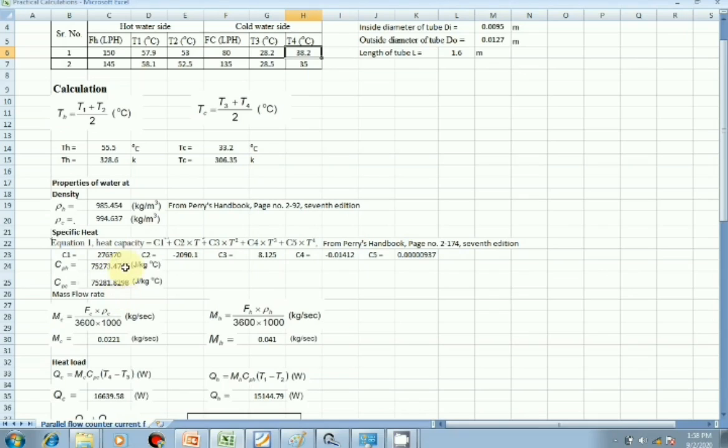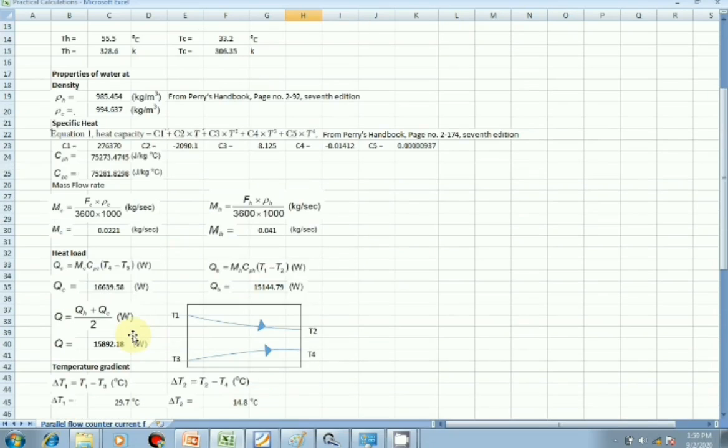Now this is the equation of the mass flow rate of the cold water. So we got a mass flow rate of 0.0221 kg per second, and the mass flow rate of the hot water we got to be 0.041 kg per second. Then we calculate the heat load. The equation of heat load is m Cp delta T. We substituted that over here, and we got the value of the heat load for the cold fluid to be 16,639.58 watt, that is joules per second.